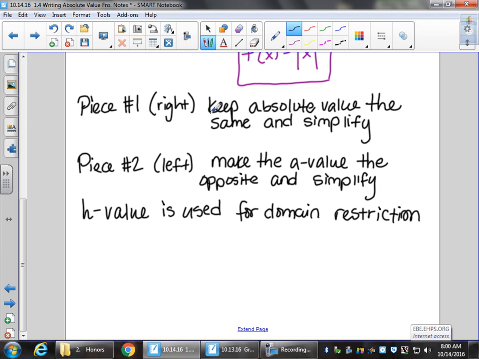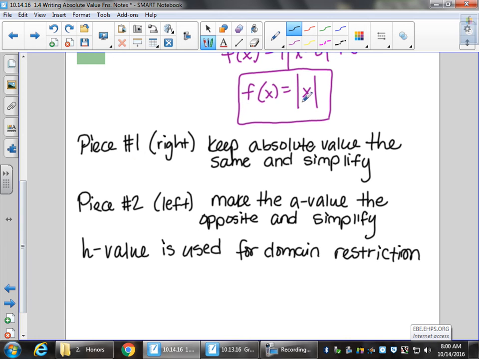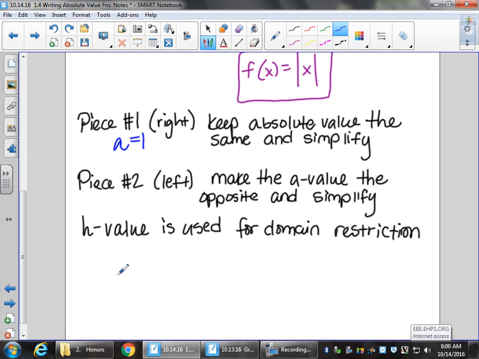So for piece number 1, we're going to keep the absolute value the same and simplify. Now, with a parent function, you don't get more basic than that. What it means is we're just literally going to drop the bars, with A still being a positive 1. Because for the right ray, what was the slope? 1. So if we let that be for piece 1, that's going to be f of x equals 1 times x is just what? X. So that is the expression for the first piece.